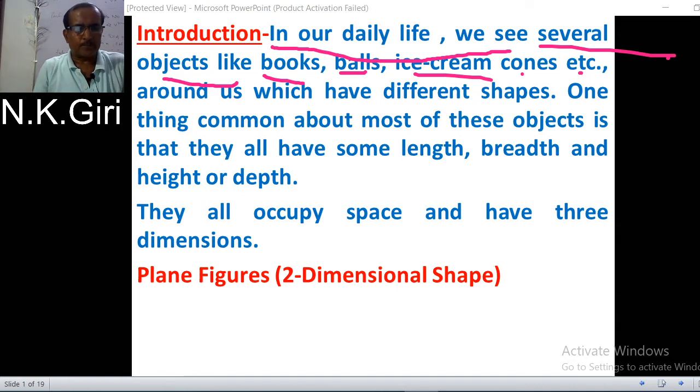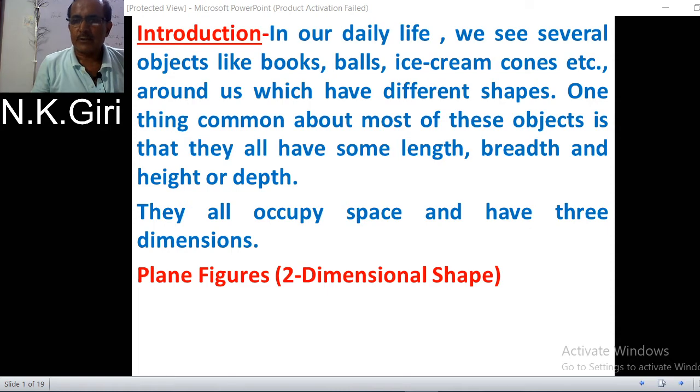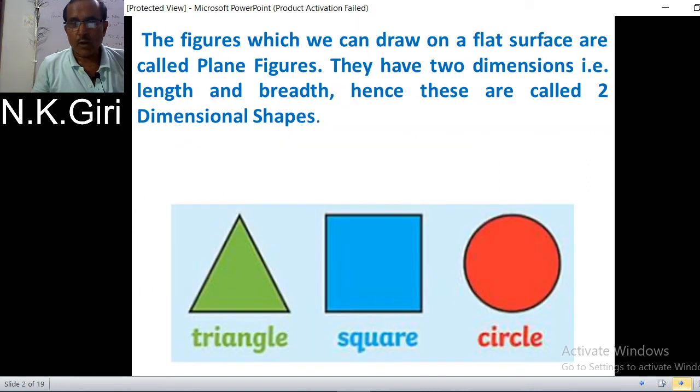Now we will come on plane figures. These are two-dimensional shapes. We have studied about these shapes in previous classes, like the triangle, square, circle.